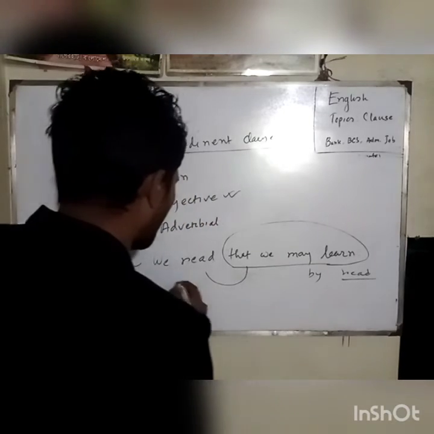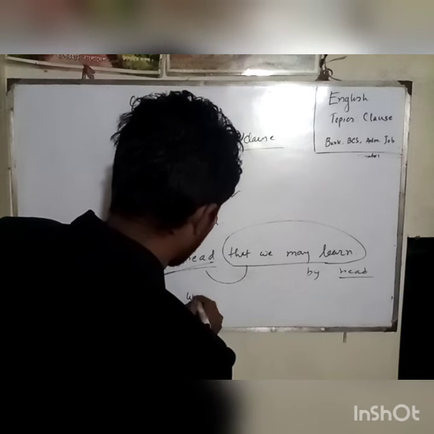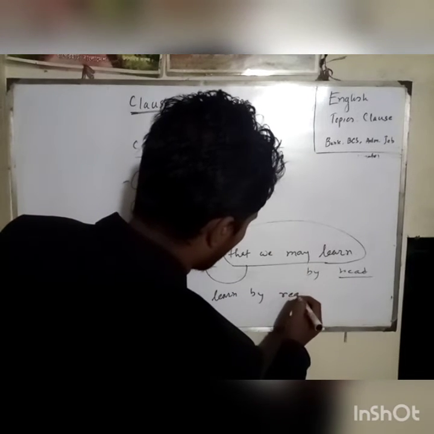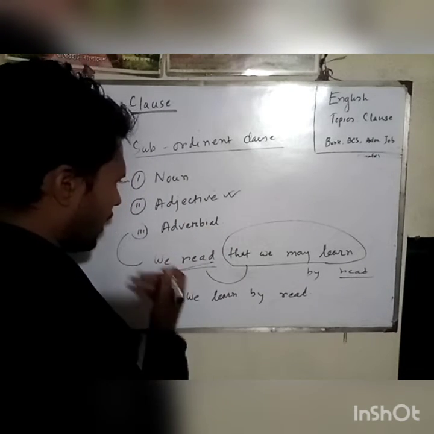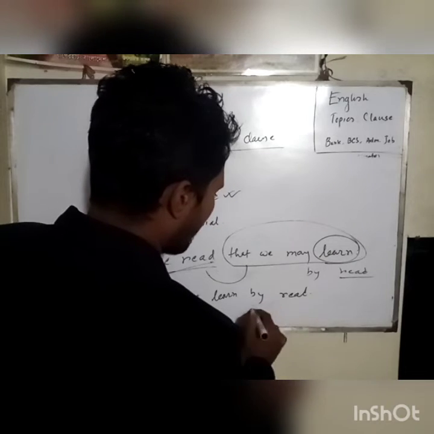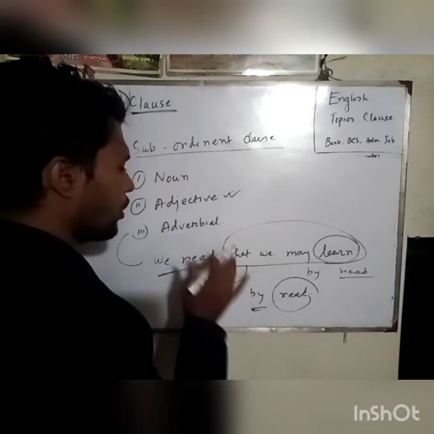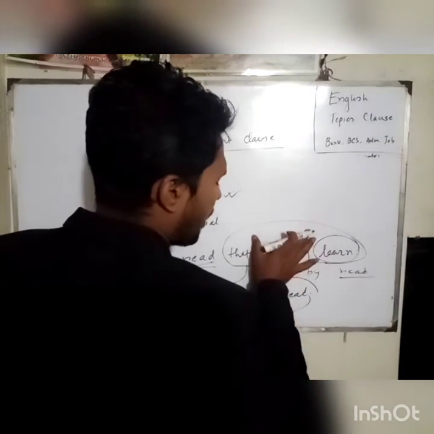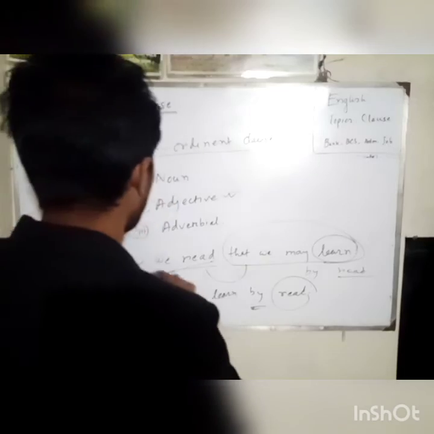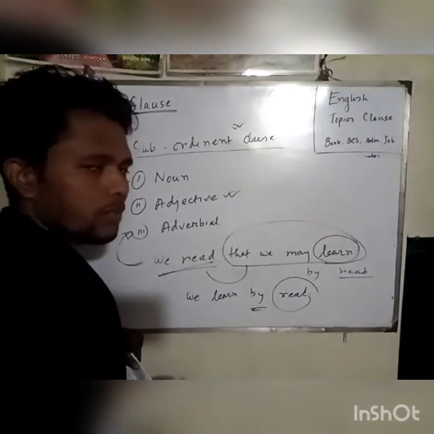We learn by reading. This read is the verb of the sentence, and when we cancel a part and add by with the verb and it gives the full meaning, it's called an adverbial subordinate clause.